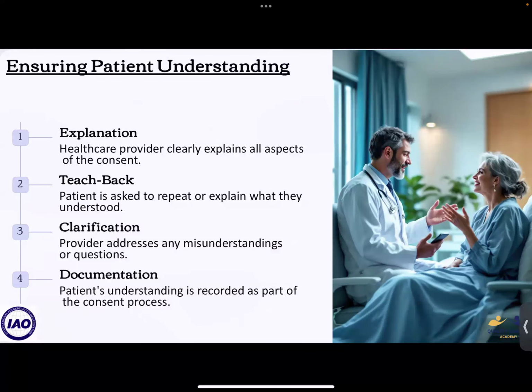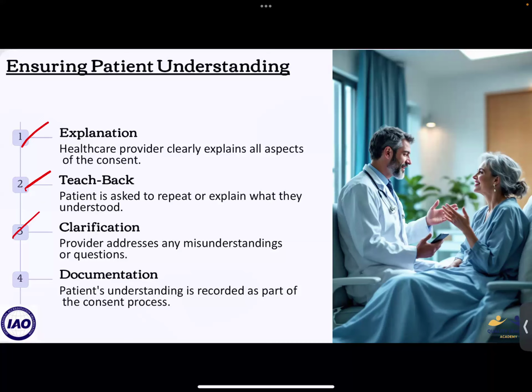To avoid misunderstandings, all agreed upon information must be documented and sent to the client, with a potential exception for emergency cases. In cases of miscommunication, meaning when there is misunderstanding, we need to provide explanation for all points. Teach back: letting the patient repeat and explain what they have understood.